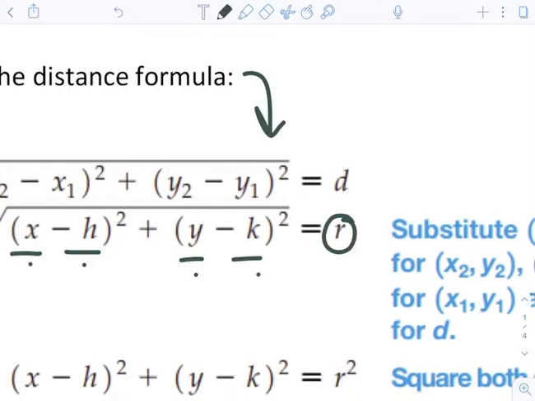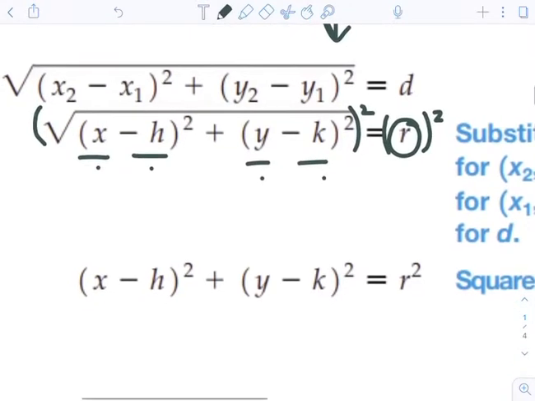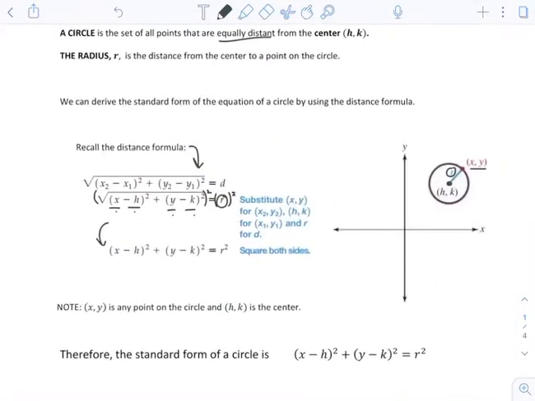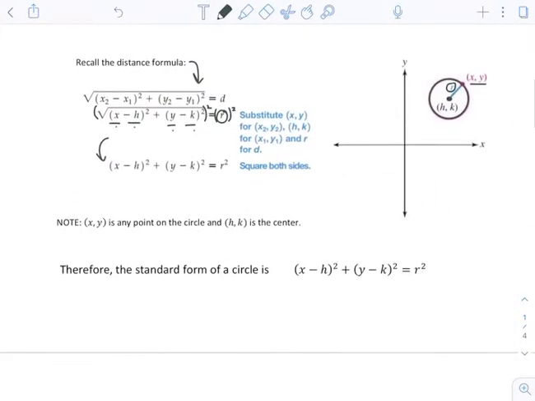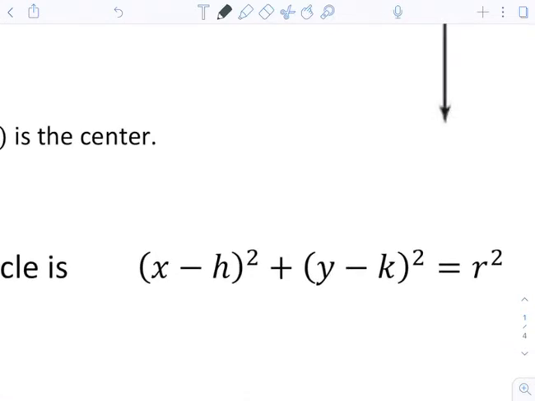The distance from the center to a point on your circle is your radius. Now, if I were to solve this and square both sides, I'm going to come up with the equation of my circle. Okay, so the standard form of a circle is (x minus h) squared plus (y minus k) squared equals your radius squared. Okay, and this is all coming from the distance formula.